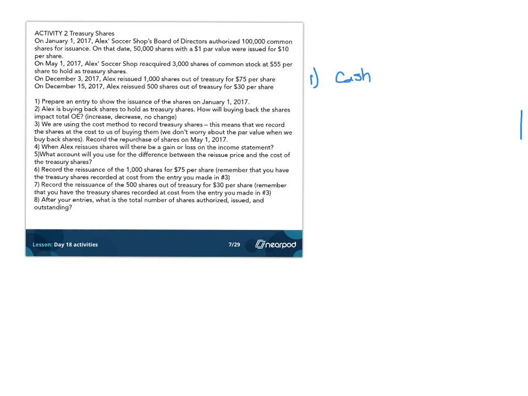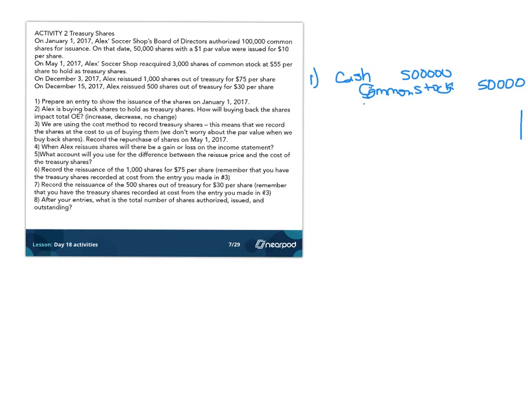This is cash going up by $500,000, and common stock went up by the par value per share, which was $1 times 50,000 shares.